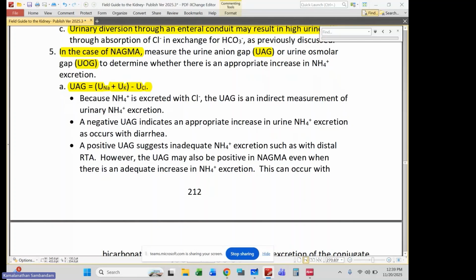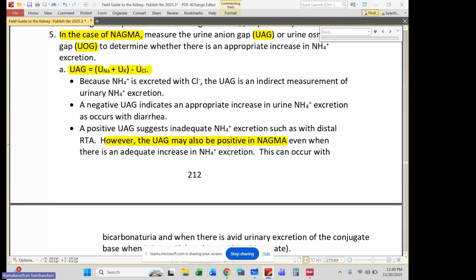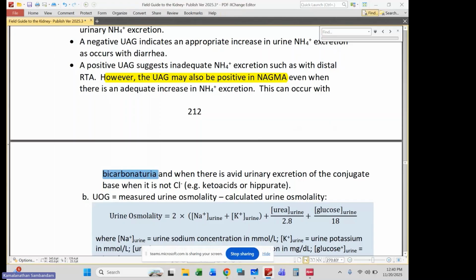The caveat, which we've already reviewed, is that urine anion gap can be confounded when there is an anion in the urine that is a conjugate base of a strong acid, like keto acids, hippuric acid, anything that's negatively charged that you're not measuring. You're measuring chloride in the urine anion gap. That doesn't create this confounder.